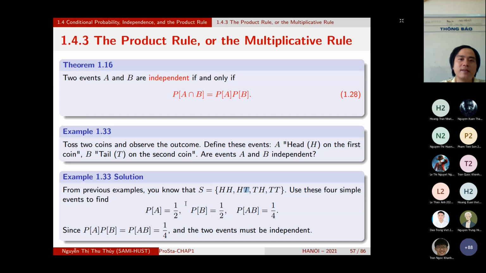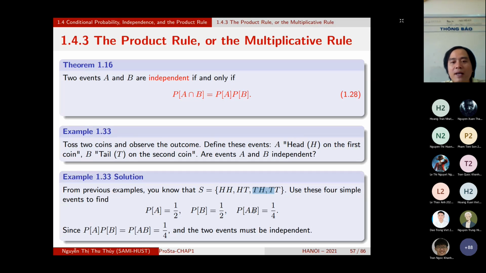P(A) is easy to compute, it is 1 over 2, and P(B) is also 1 over 2. Here we have 2 outcomes for A and 2 outcomes for B also.